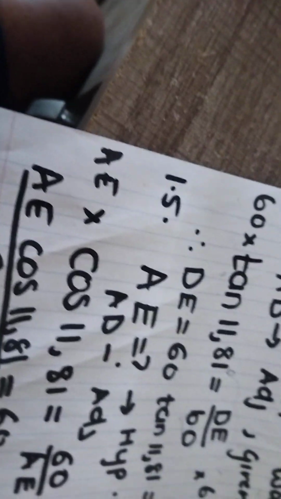In this case I use one method, and the other methods you can use too. The reason I'm using cos is that I use the information I have, so I don't delay too much and don't use information I calculated, because sometimes the information you calculate can be wrong, and you substitute the wrong values and the answer ends up wrong. The best way is to use the angle I calculated, which is 11,81, and the 60, which is our adjacent, to calculate our hypotenuse.